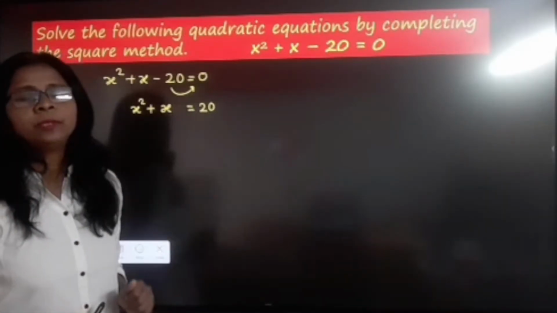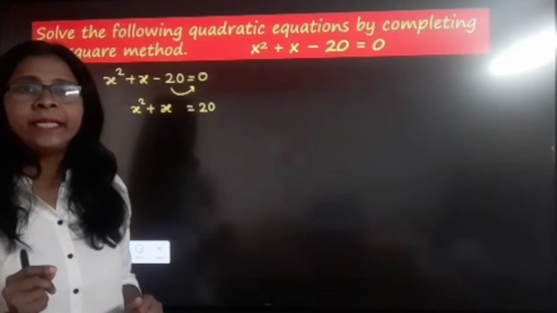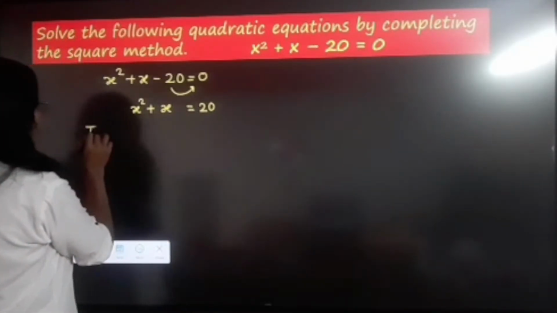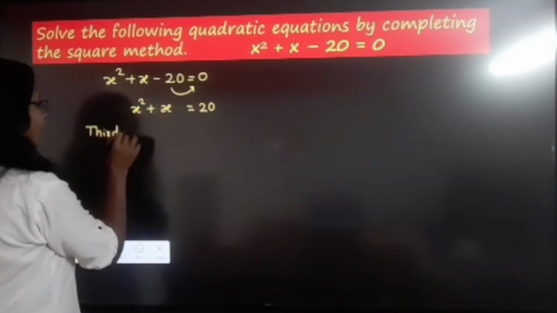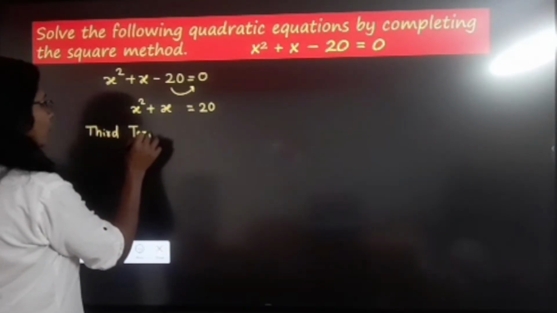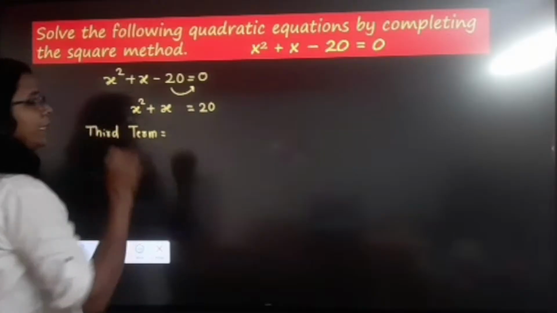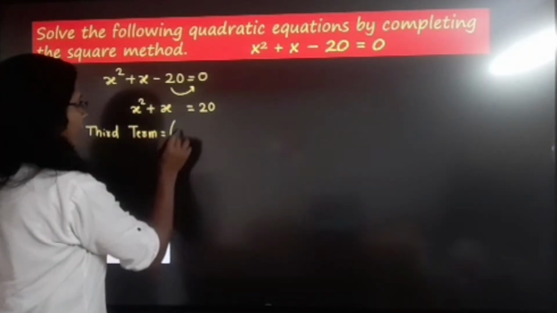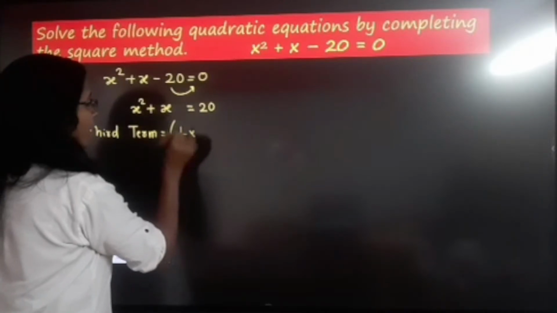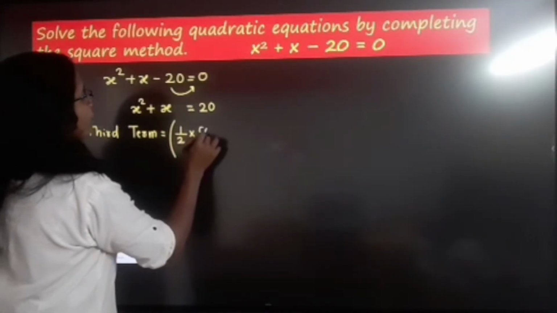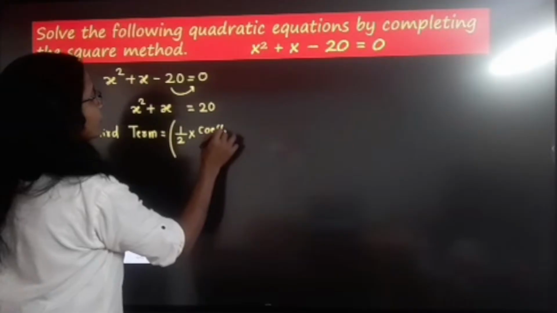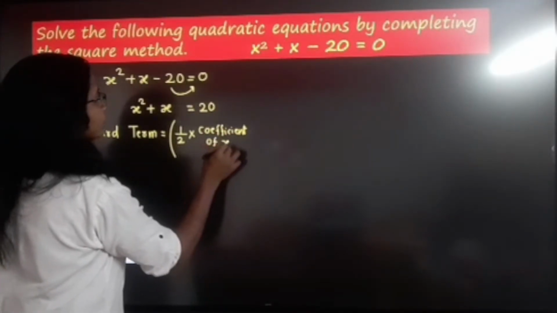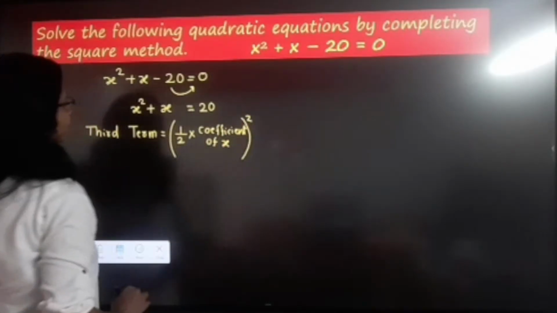Then the next step: you have to write the formula for the third term. The third term is equal to 1 upon 2 multiplied by the coefficient of x, whole bracket square.